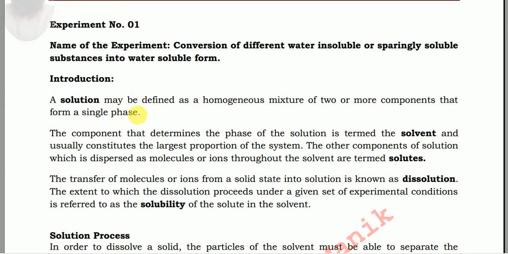Another very important thing is that a solution produces a molecular level of homogeneous phase. That means a solution is a homogeneous mixture of two or more components at the molecular level that will produce a single phase.